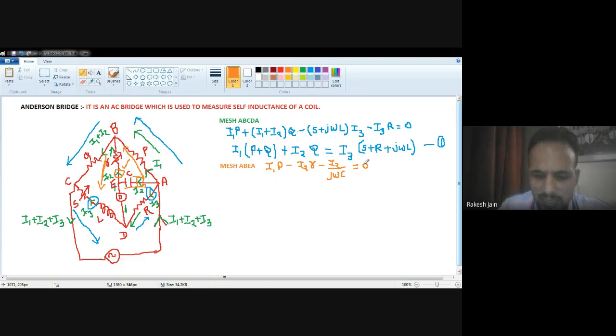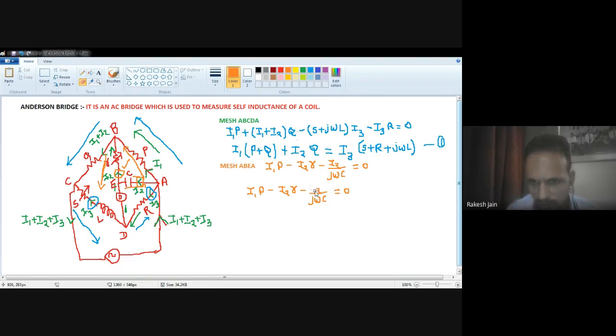So with the help of this, I can write I1P is equal to I2 r plus 1 upon j omega c. What will be my second equation? From this equation, in these two terms, I just take I2 as common.